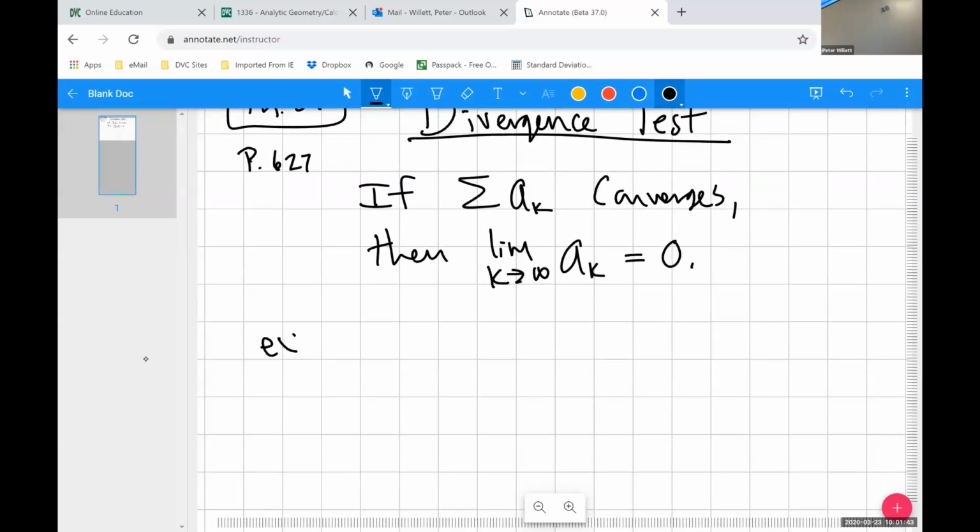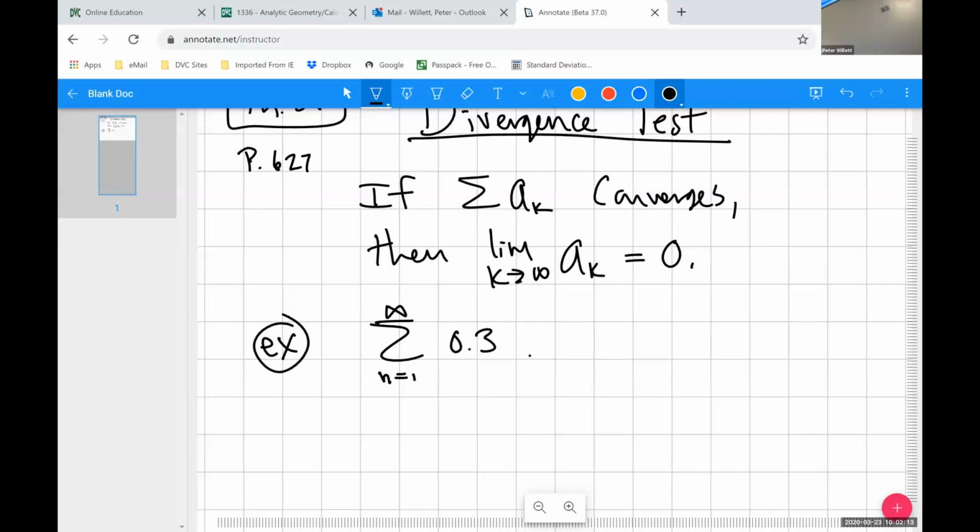So an example, consider a summation. This time I'll use a n, as n goes from 1 to infinity of, let's keep it simple, 0.3. So this is what we call a constant series because the terms of the series are constant.